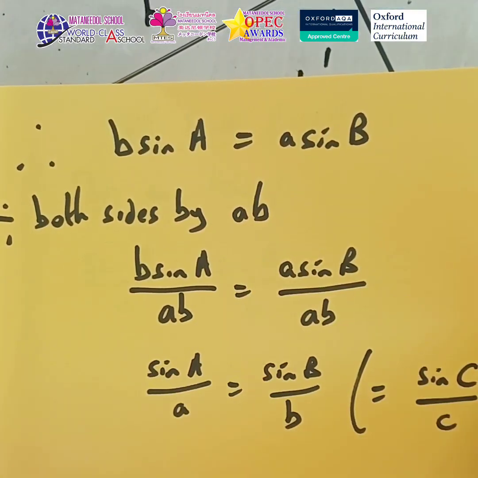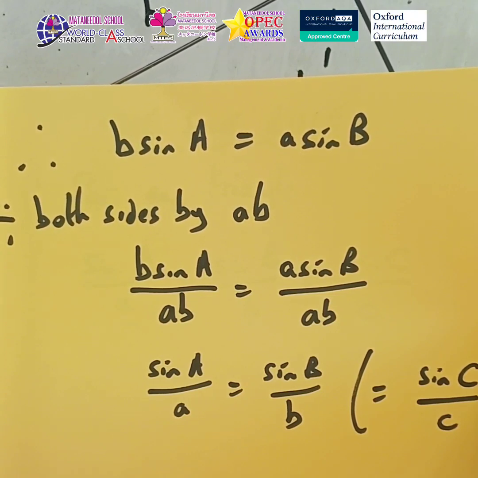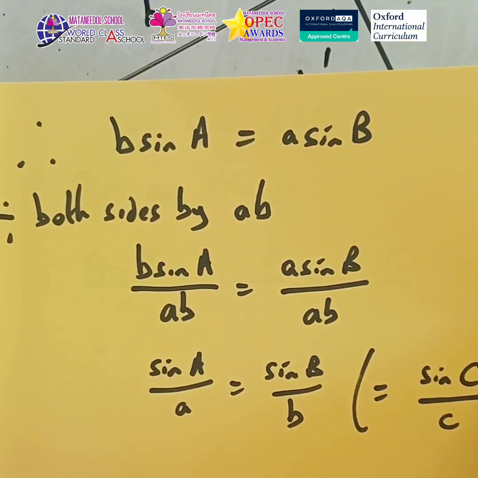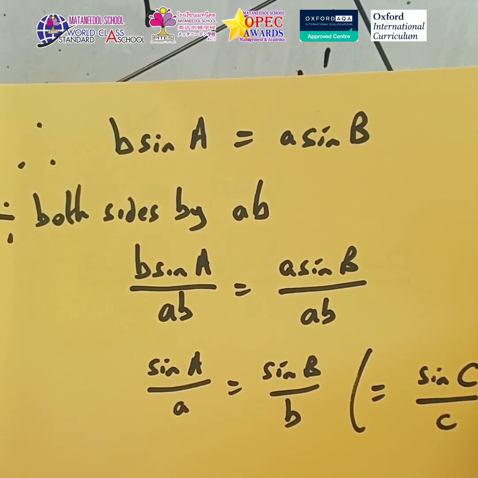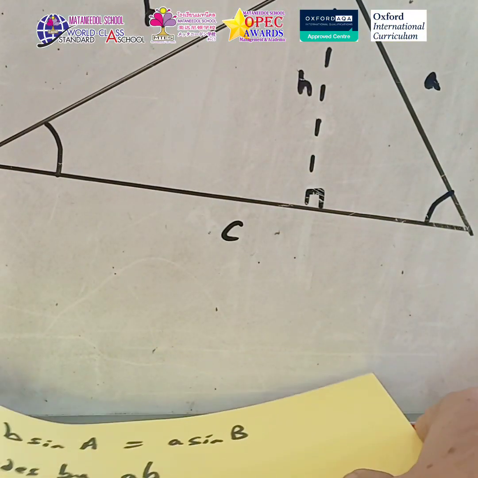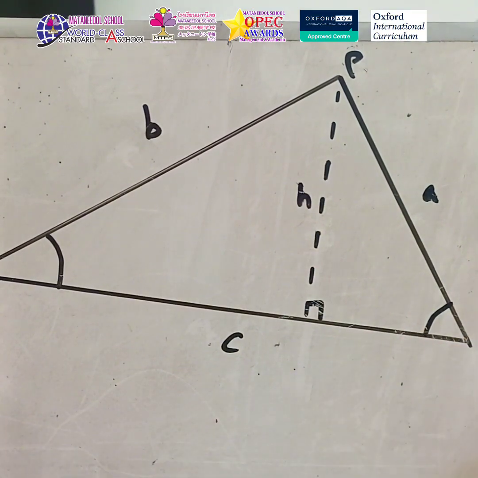And you can see why I've done that now, because I'm going to drop out the B and the A from the left and right hand side of the equations. So sine A over A equals sine B over B. And had I used angle C instead of angle B, it would have equaled sine C over C as well. So the sine rule, everybody, excuse me, I nearly sneezed earlier.